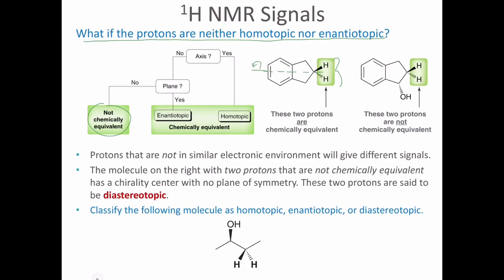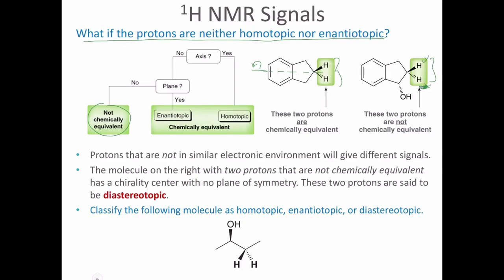They are in the same chemical environment, so we're going to have one signal for those two. If we do the same with the molecule on the right, we do not have any axis of rotation. So therefore, these are not in the same chemical environment. So this proton and that proton are going to show different signals.